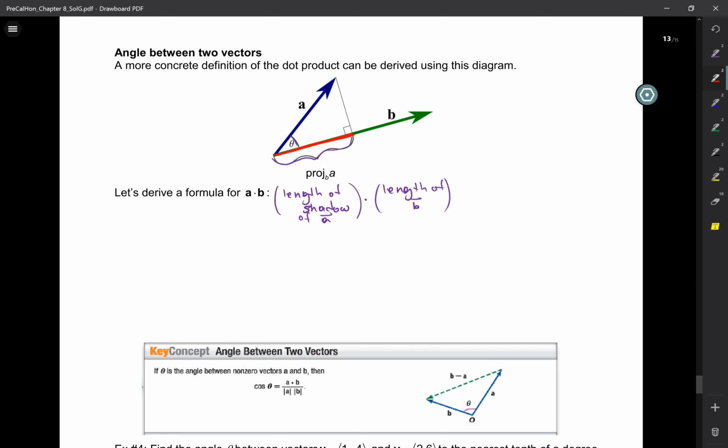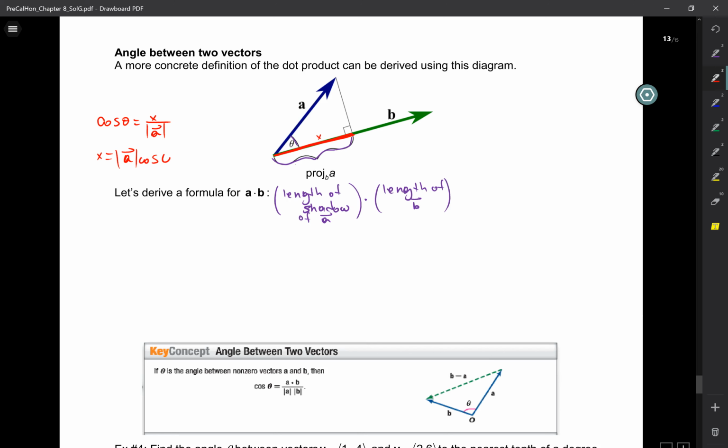All right, how big is that in terms of the angle? So that red X, cosine of theta is X over the magnitude of A. Is that right? Yes, in that right triangle. So then X is A cosine theta.